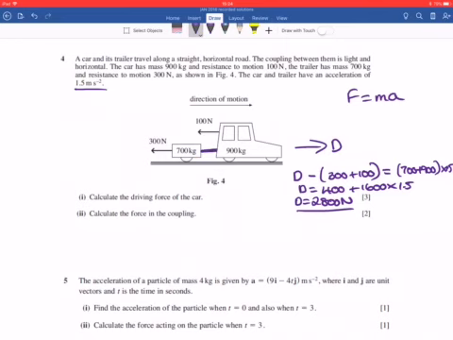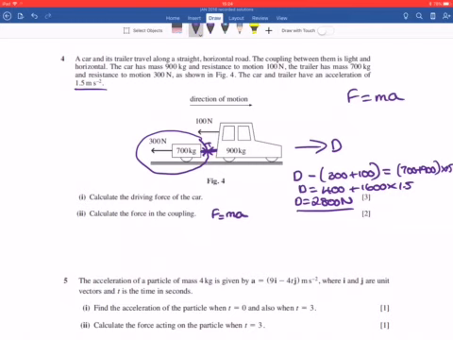Right, calculate the force in the coupling. Well, it's this little bit here. So you're looking at the individual system just on this little bit here, because the tensions will be the same, but in different ways. So the force in the coupling, we're still going to use Newton's second law, equals mass times acceleration.